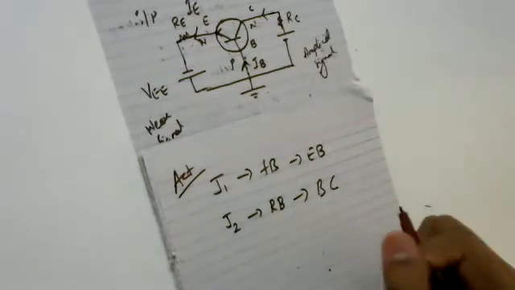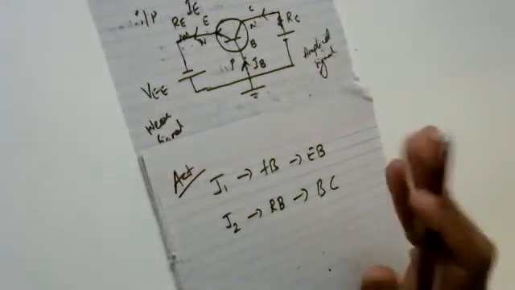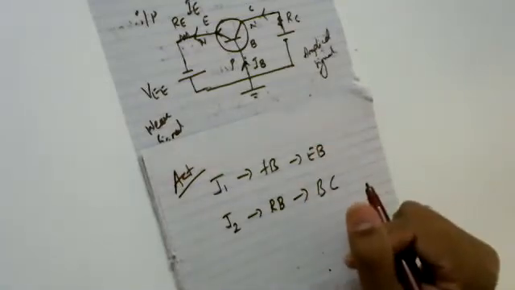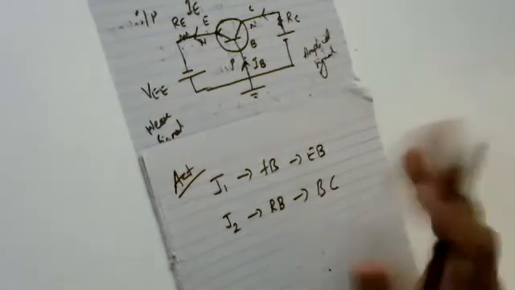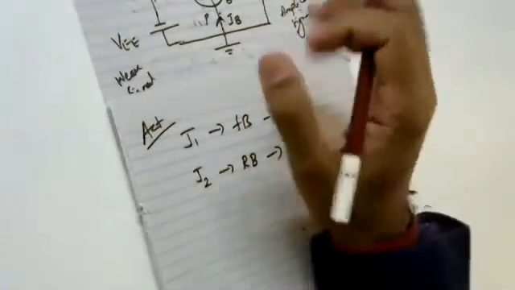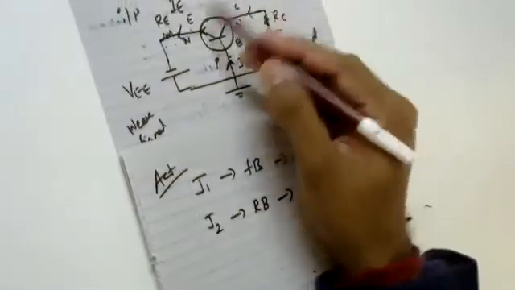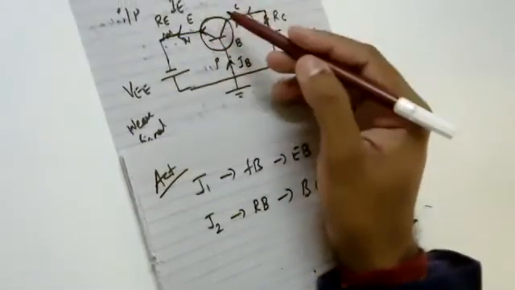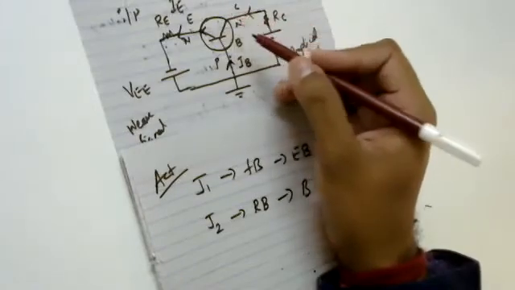Now, a very important and interesting thing that will make your analysis of the transistor very simple: we'll realize our transistor as two diodes. When you know the fundamental concepts related to the diode, you can understand the operation of the transistor by seeing it as two diodes back to back.